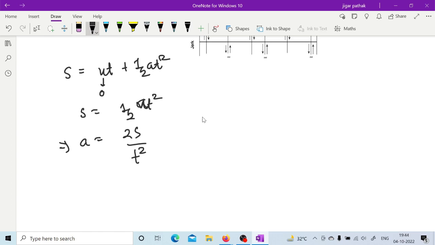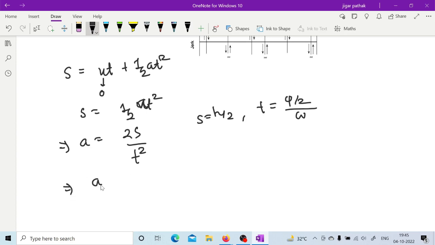Now s is h by 2 because, as we have discussed, during the first half of the follower travel it will be constant acceleration and during the remaining half it will be constant deceleration. So s will be h by 2 and the time will also be theta upon omega, where theta is phi by 2, and so you will have this s and t value with you.